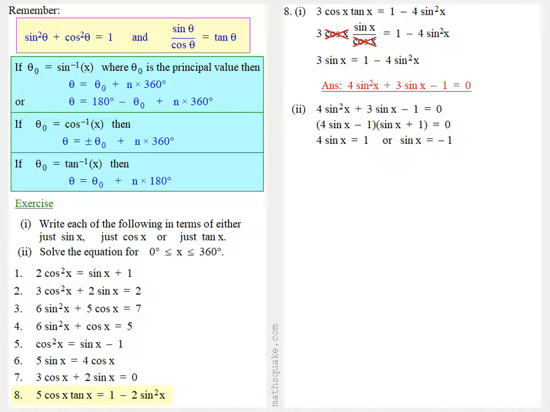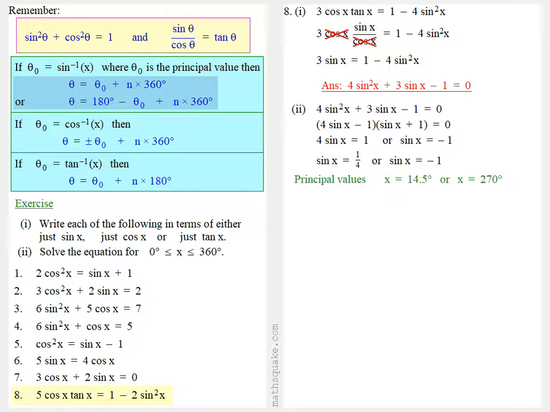So 4 sine x is equal to 1 or sine x is equal to minus 1, which means sine x is equal to a quarter or sine x is equal to minus 1. Now, if we take the inverse sine of both of those, we get the principal values are 14.5 degrees or 270 degrees.